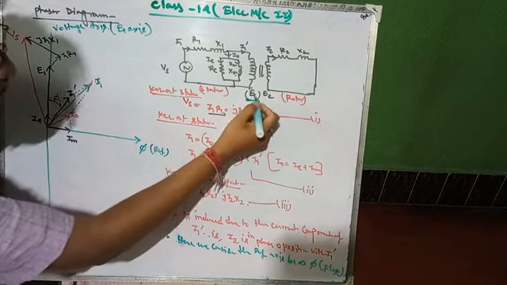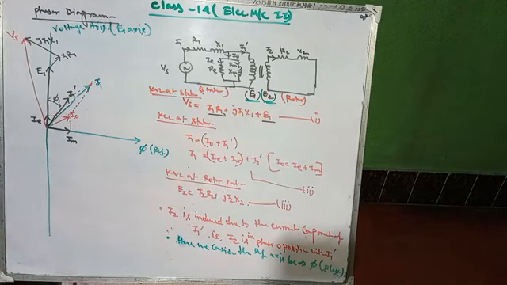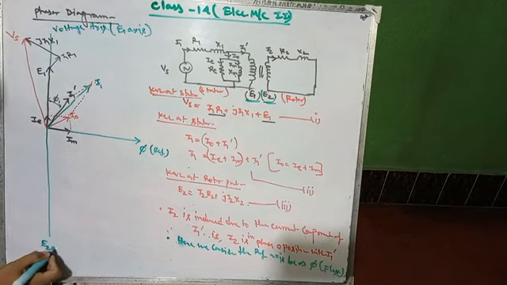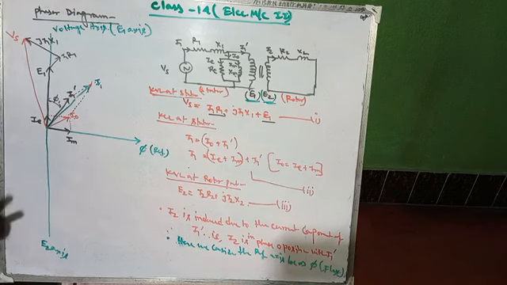If we consider E1 as the action, then E2 will be the reaction of it. So exactly opposite to E1, it will be the E2 axis.